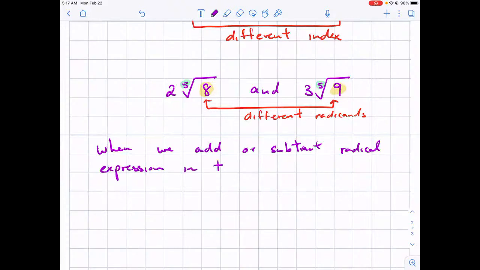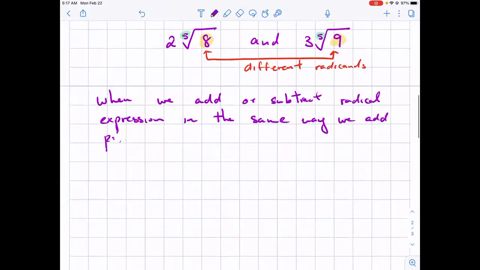In the same way we add polynomials, we just combine like terms.